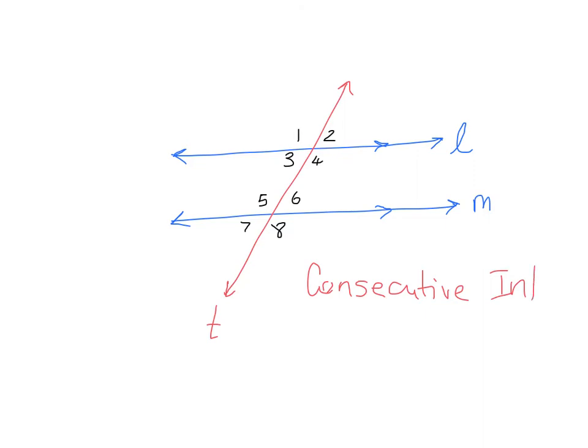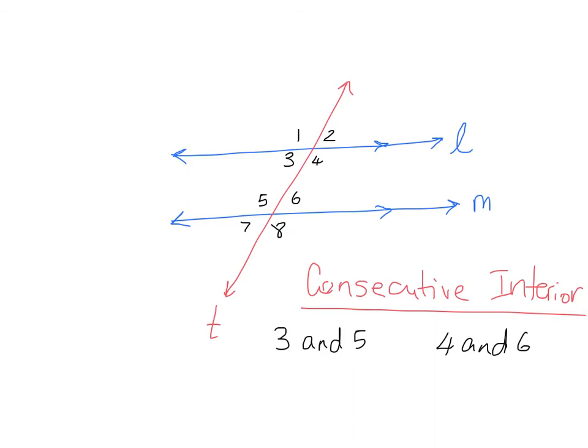Now here is the trick. You've got to remember this. These angles are not congruent to each other. Consecutive interior angles are actually supplementary angles. So 3 and 5 should add up to 180 degrees. And so should, on the other side of the transversal, 4 and 6. So 4 and 6 should also add up to 180 degrees.